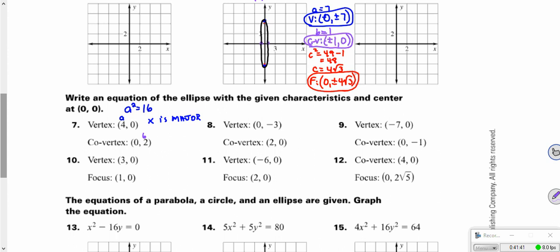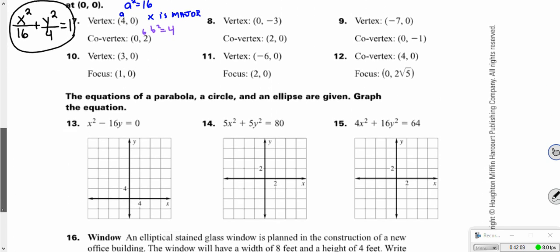This is your B, so that means that B squared equals 4. If you go to write the equation, you don't need the focus for the equation, and you know that the A squared, because the vertex is on the x-axis, has to be under the x squared. So it's going to be x squared over 16 plus y squared over 4 equals 1. Okay, I hope that helps.